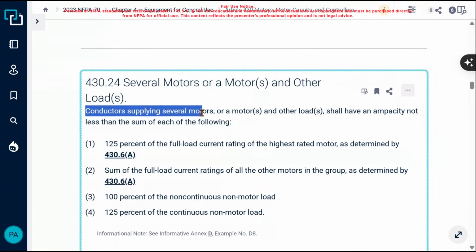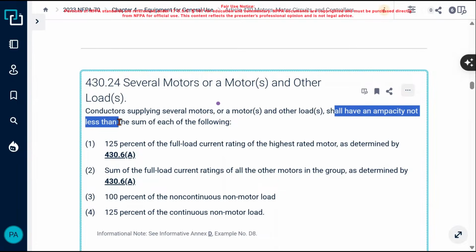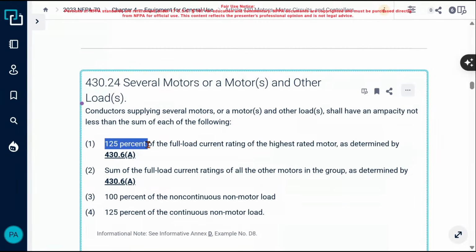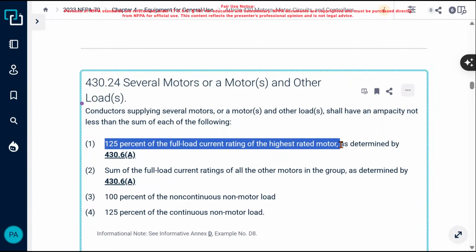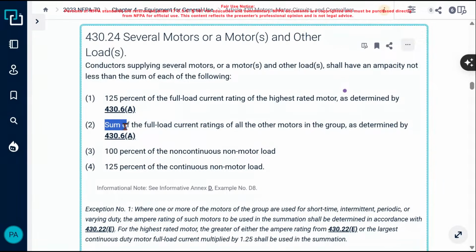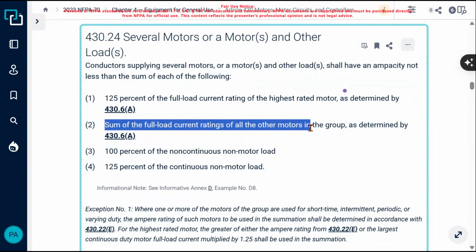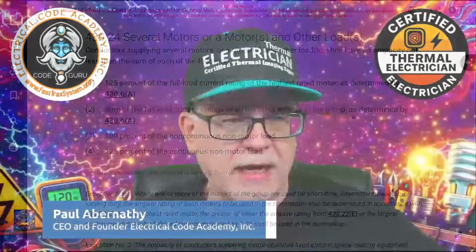Conductors supplying several motors, in our case we have two, shall have an ampacity not less than the sum of each of the following: 125% of the FLC rating of the highest rated motor as determined by 430.6(A), and then the sum of the FLC current rating of all the other motors in the group. All right. So real quickly, let's talk about group.